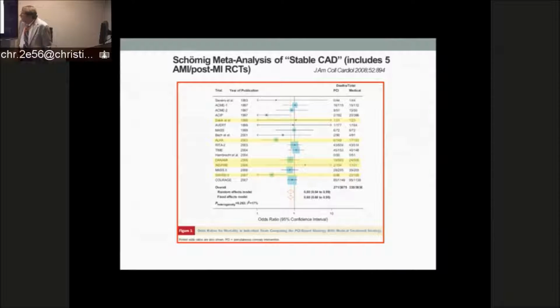And the way this is plotted is that these squares or rectangles, the shaded ones, indicate the size of the study. So if you have a large box here, obviously that's a bigger study. COURAGE is sort of the 900-pound gorilla among all these studies.